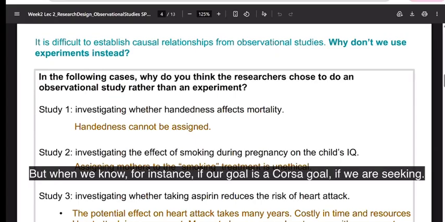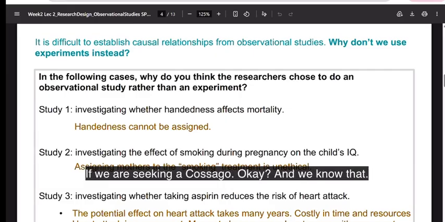But if our goal is a causal goal, and we know that an observational study may not be able to achieve that, then why can't we go for experiments? I'm actually going to tell you the reason now.